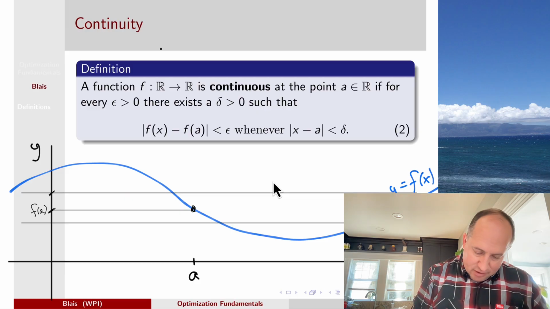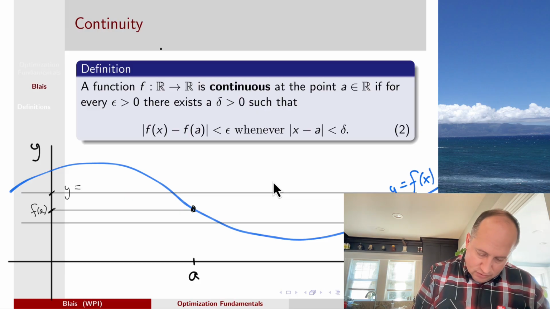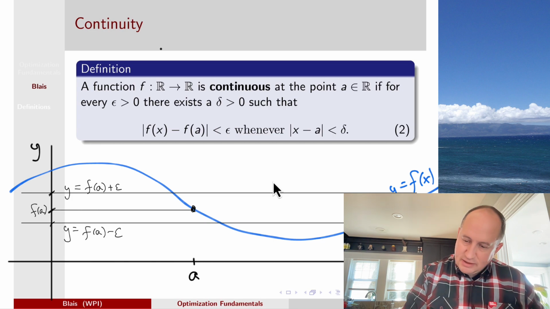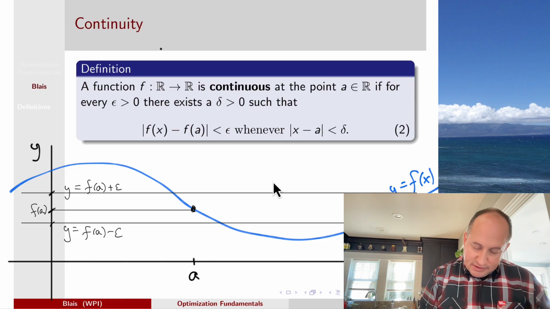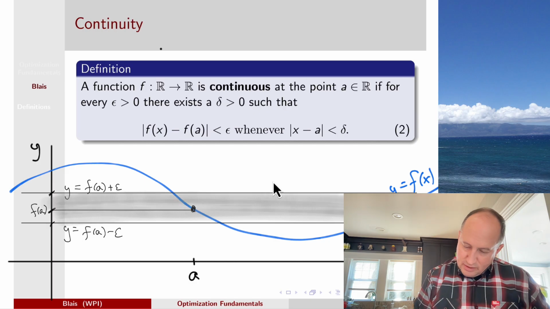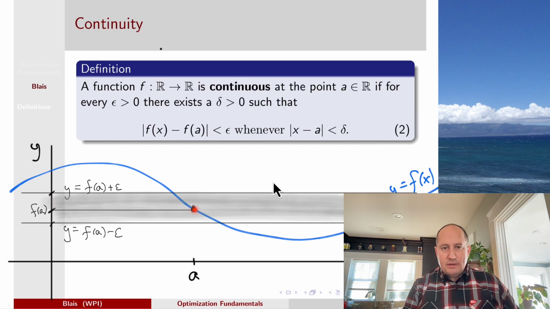So this line up here would be the line y equals f of a plus epsilon, and this line here, y equals f of a minus epsilon. And what this definition says is, can we get the blue curve to be inside this band?